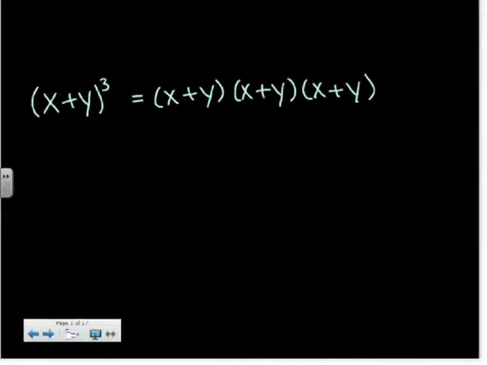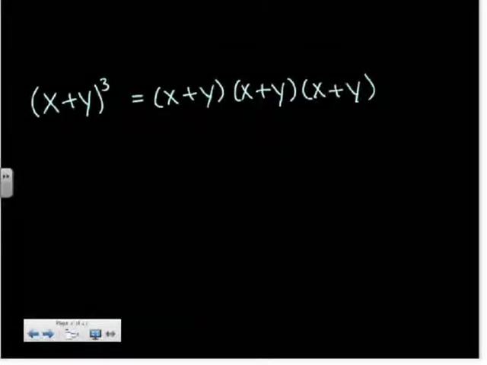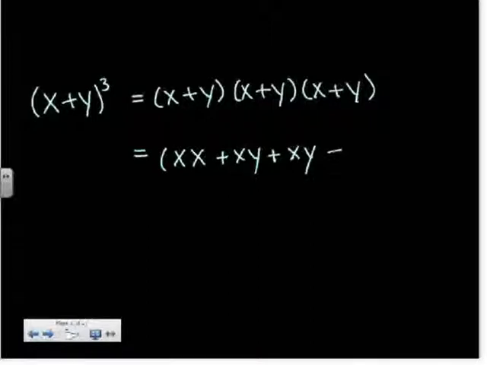Let us break this down to make it simpler to understand. The quantity x plus y cubed can obviously be broken down into x plus y times x plus y multiplied finally by x plus y. This equals xx plus xy plus xy plus finally yy.